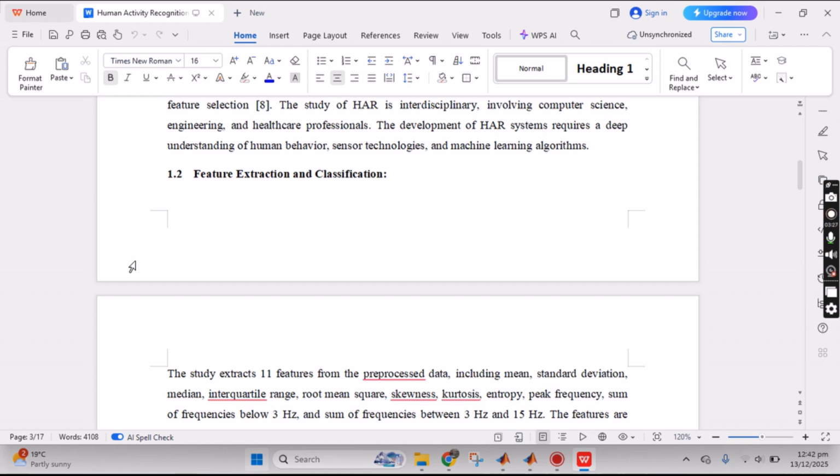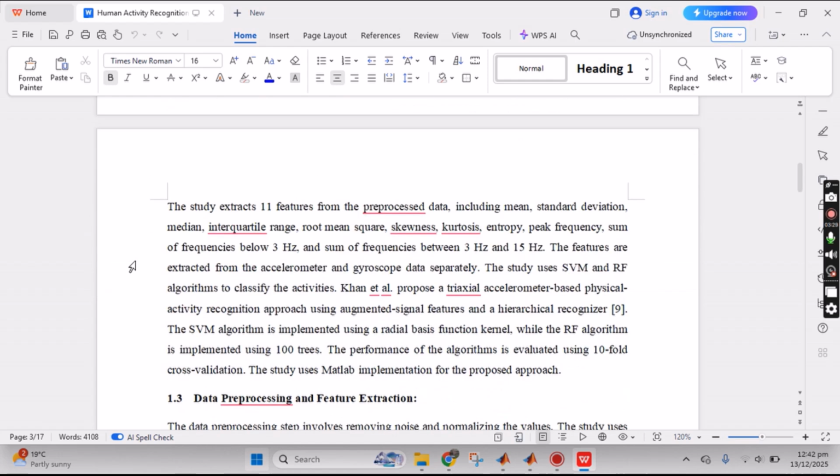Feature extraction and classification are among the most important techniques. We have used different preprocessing techniques and features, including mean, standard deviation, median, interquartile range, root mean square, skewness, kurtosis, entropy, peak frequency, sum of frequencies below 3 Hz, and sum of frequencies between 3 Hz and 15 Hz.